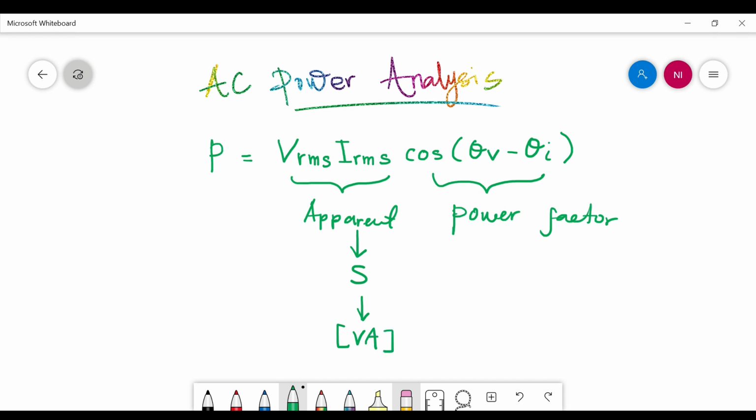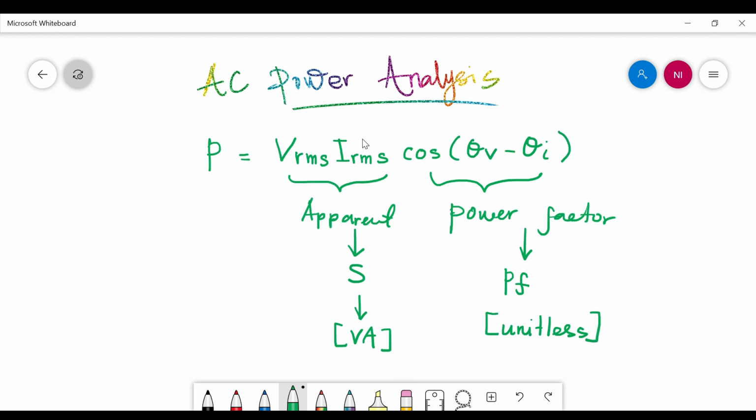For power factor, the abbreviation is PF and it is unitless. From this we know that S, apparent power, is the magnitude of average power, Vrms Irms, and the power factor can simply be written as cos theta.